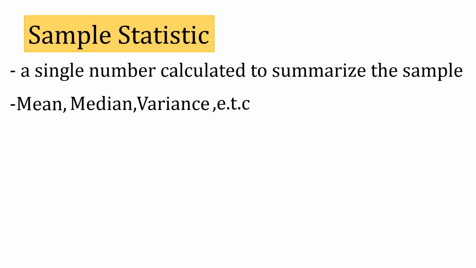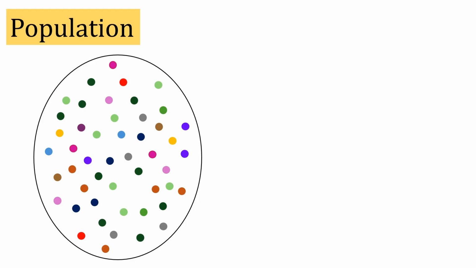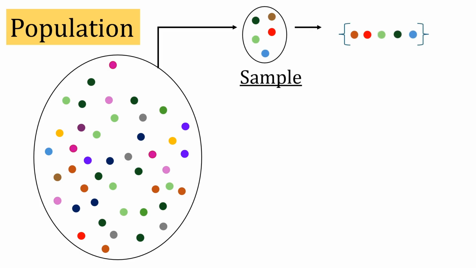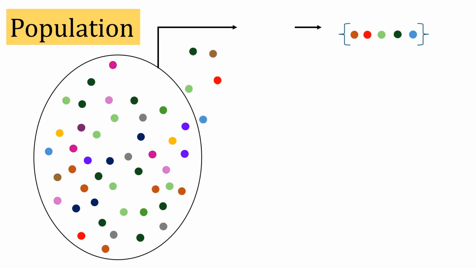So let's understand. Suppose we have a population, and let's assume this population consists of numerical values, where each of these dots represents a single numerical value. Now we draw a sample, we record its value, and then place the sample back into the population.